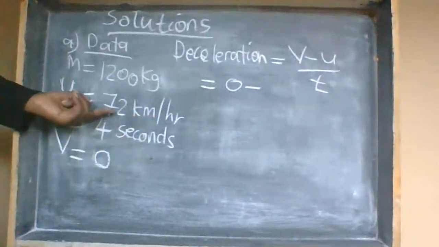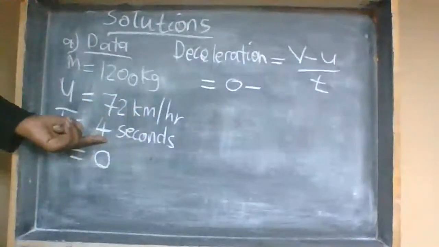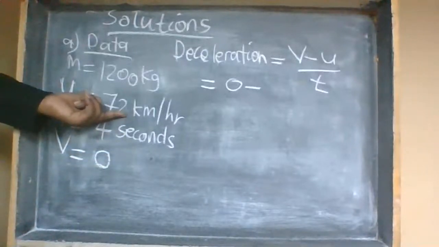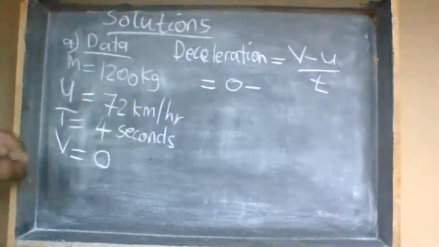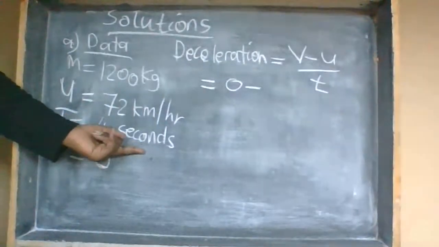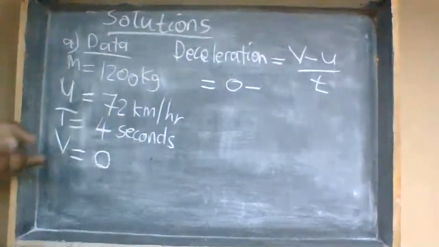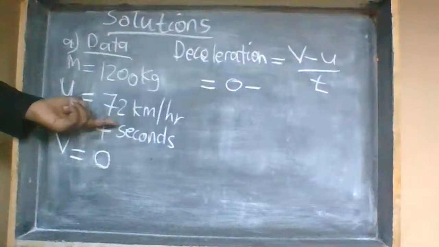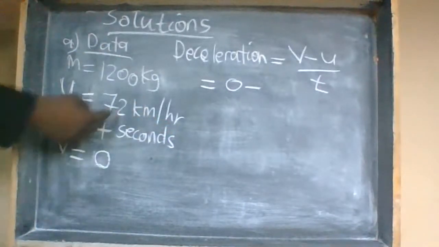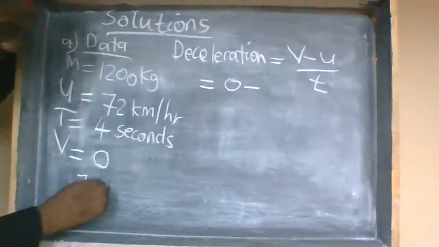This will force us to convert 72 kilometers per hour into meters per second, because the time has been given in seconds. If the time was given in hours, our velocity could still be in kilometers per hour.